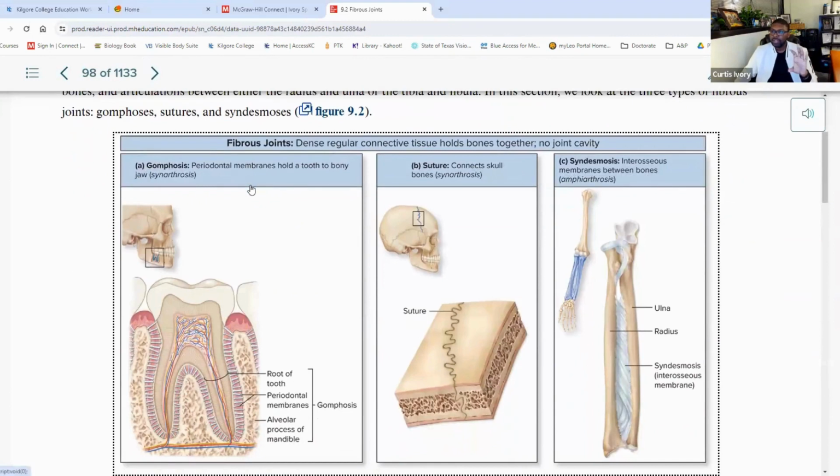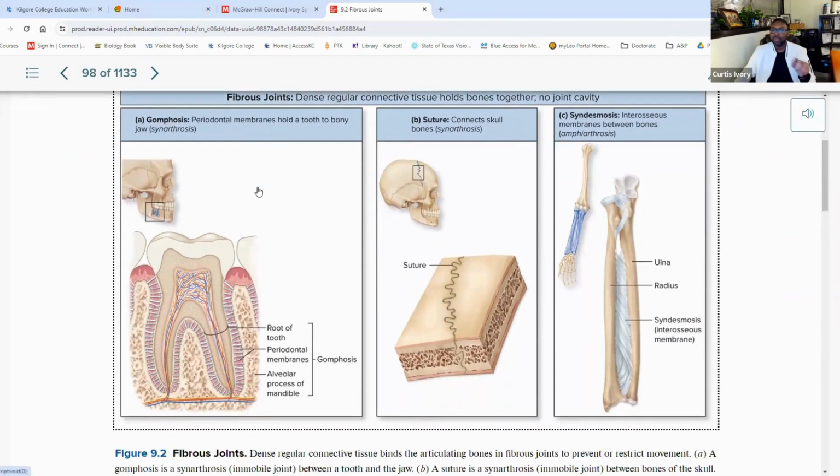So if we dive a little bit deeper, with the fibrous joints, we can have some different types. Remember, fibrous joints are bound by a fiber, or they have dense regular connective tissue that holds the bones together. In this case, we have what's called a gomphosis, which when I think of gomphosis, I think of gums, like in your teeth.